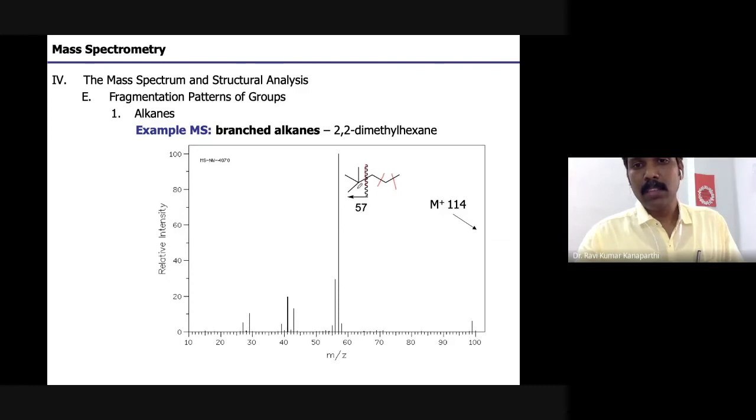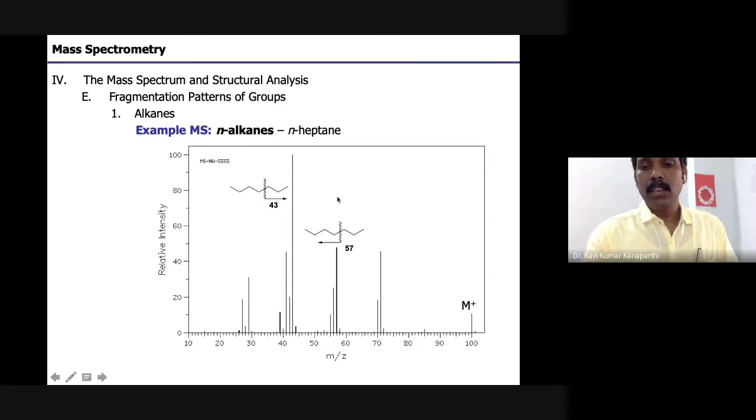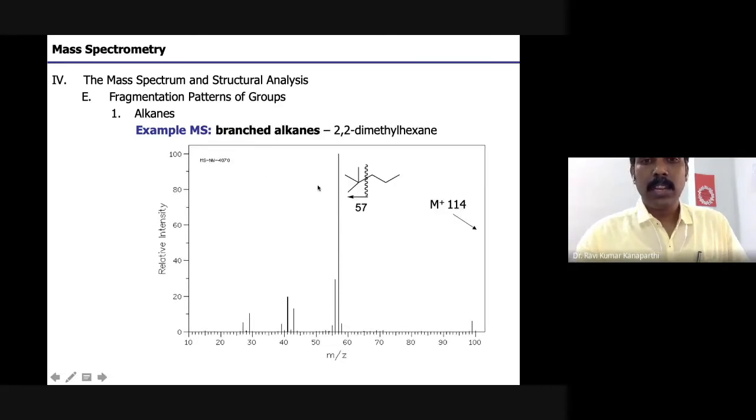This is one cleavage, and I can also cleave here. These are the 4 different cleavages that we can anticipate with regard to this molecule. There are 4 different ways in which this molecule can fragment. Okay, and then this cleavage or this cleavage or this cleavage, all are identical.